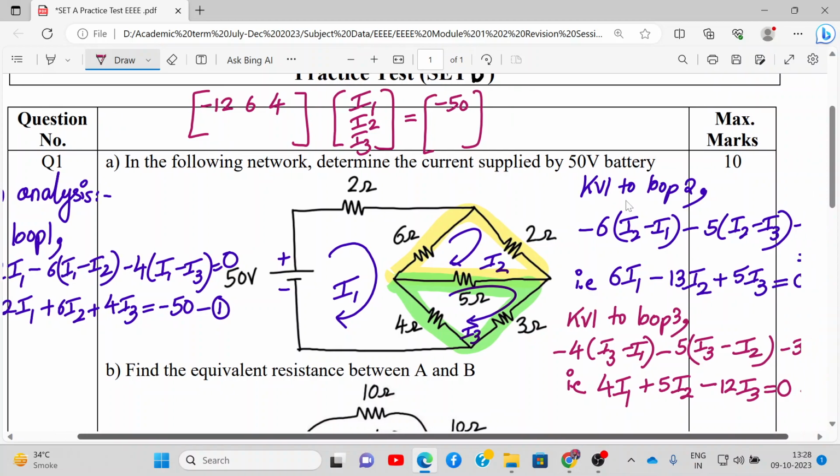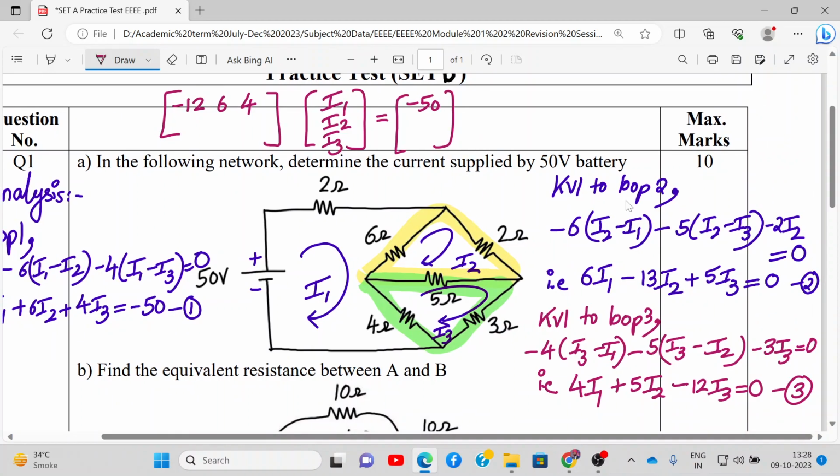In equation number 2, this will be 6, minus 13, 5 and 0. And in the third, 4, 5, minus 12, 0. So solve this simultaneously and let me know the answers of I1, I2 and I3.